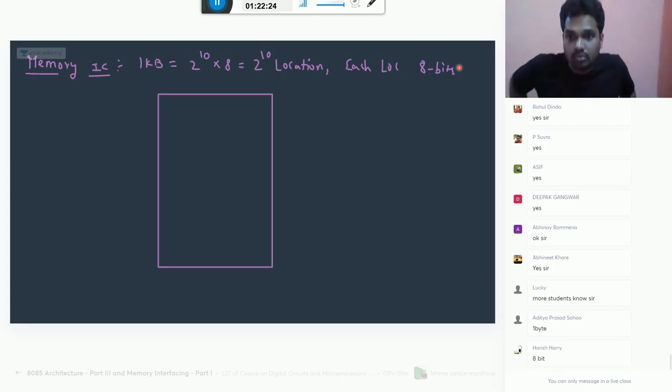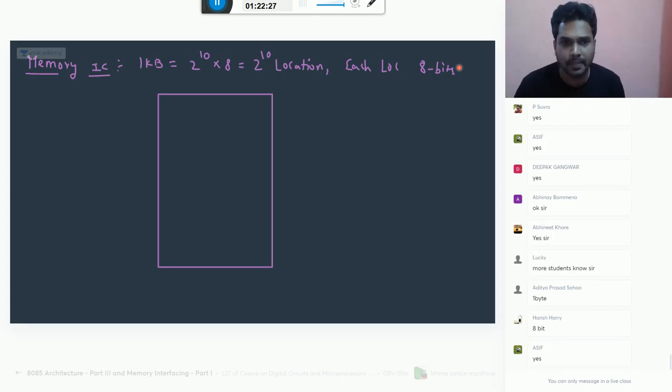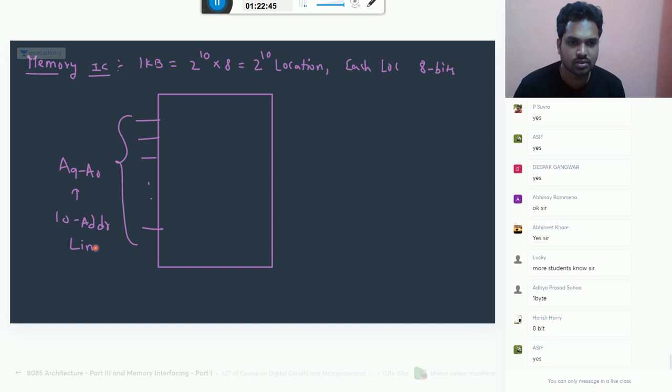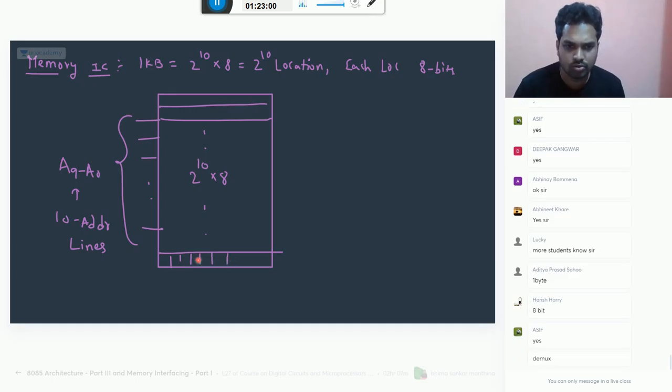Right. So now listen. Here you need 10 address lines, A9 to A0. How many address lines? 10 address lines. Each location has 1, 2, 3, 4, 5, 6, 7, 8 bits. Okay. Now you understand.